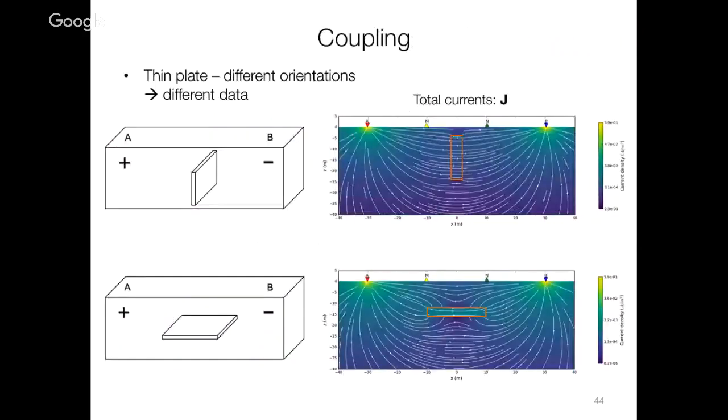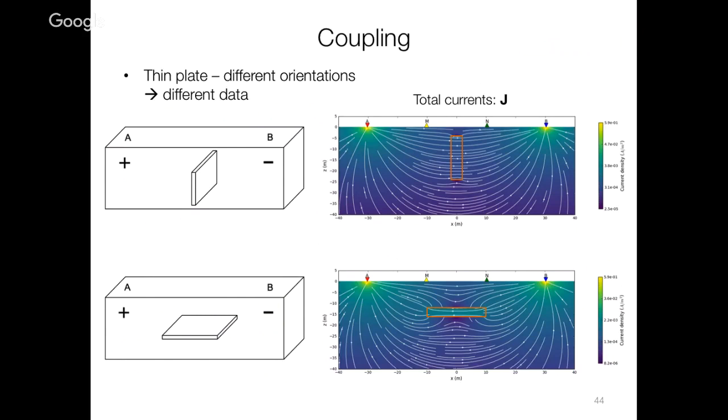And then the question is, what do you think about this? Suppose that I had a resistive target and the other had a conductive target. Should there be a difference? So the question is, I've got a target that looks like this, and I'm going to measure something.